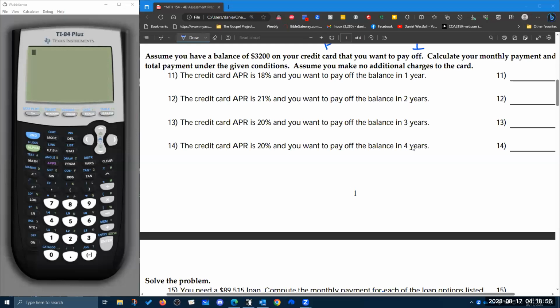So let's go ahead and see what these payments would be. They would be significantly higher because the interest rate is higher.